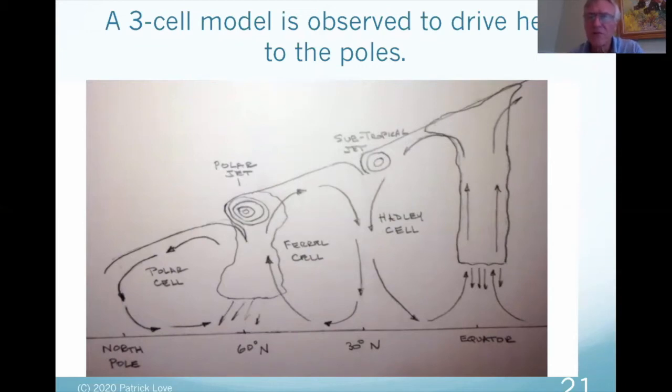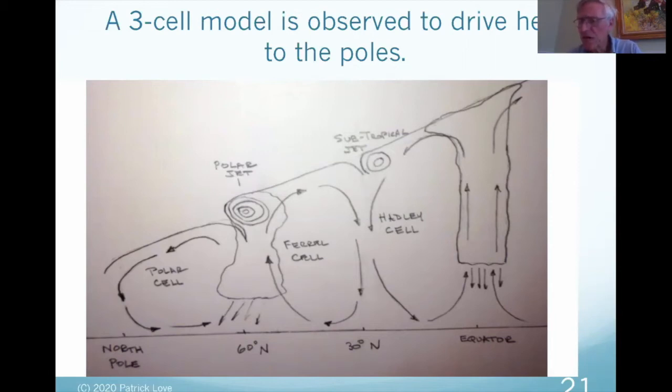But what we can say for our purposes is that the circulation patterns in these three cells drive the jet stream in combination with the Earth's rotation. That complex set of forces, including the Coriolis force and the pressure gradient force that's trying to drive energy from the equator to the poles, generates this complex situation.